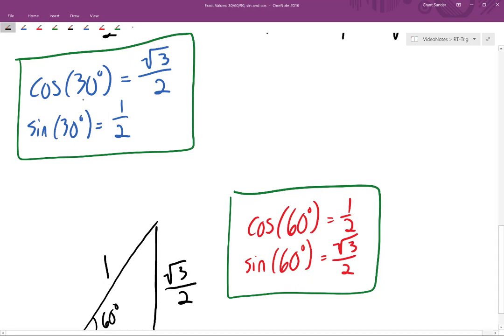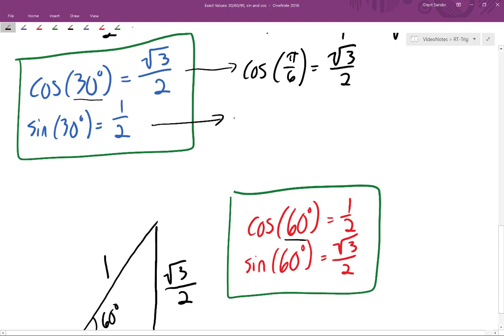Now, you might also notice that 30 degrees is actually pi divided by 6 radians, and 60 degrees is pi divided by 3 radians. So we can actually rewrite these things. We'd rewrite this one as cosine of pi divided by 6 is equal to the square root of 3 divided by 2. Similarly, we could write sine of pi divided by 6 is equal to 1/2.